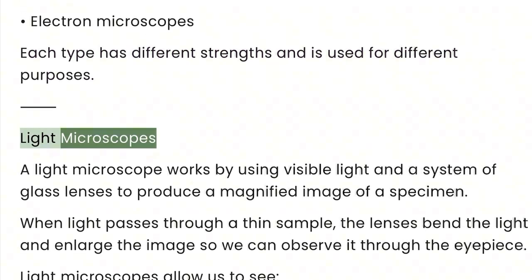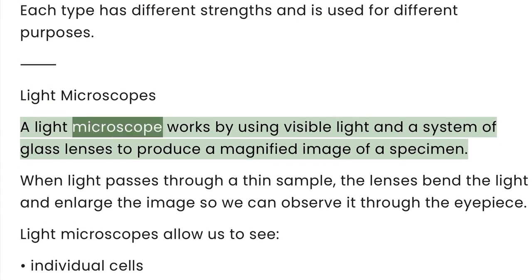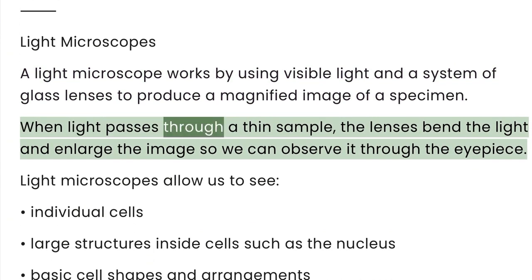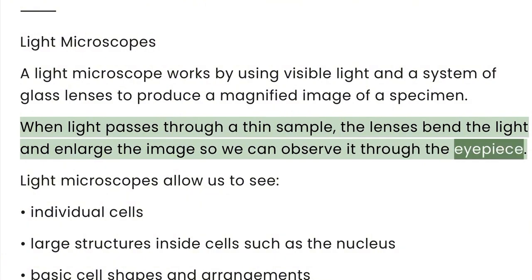Light microscopes. A light microscope works by using visible light and a system of glass lenses to produce a magnified image of a specimen. When light passes through a thin sample, the lenses bend the light and enlarge the image so we can observe it through the eyepiece.